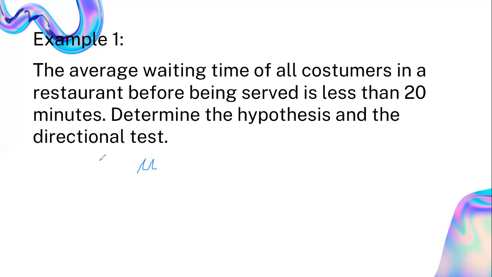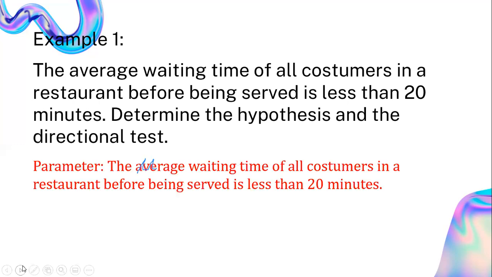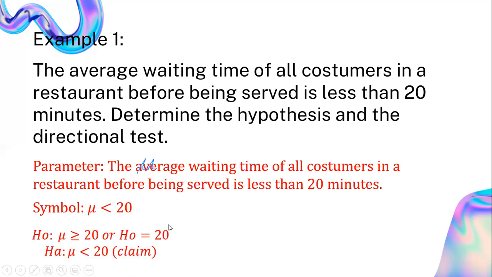So with our null hypothesis, you may state it based on the claim, the parameter, less than. In symbols, our null hypothesis will be H0 is equal to 20, or you may use greater than or equal to 20.